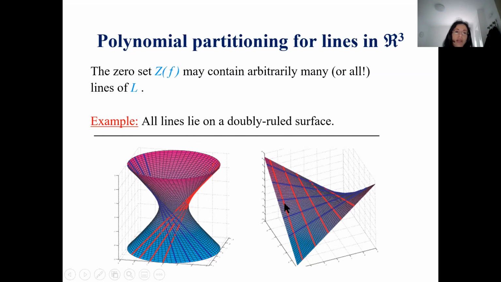So here are two examples of doubly ruled surfaces in 3 dimensions, which actually consist of lines. So if this is the form of the input lines, it is very likely that the polynomial partitioning will be one of these doubly ruled surfaces, and then we need to handle them over these surfaces.